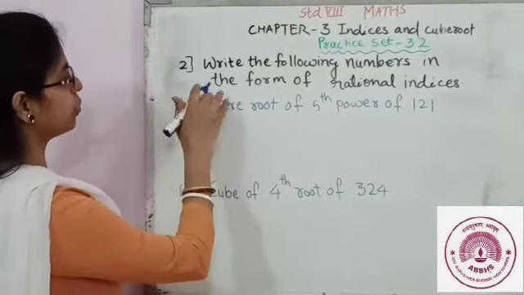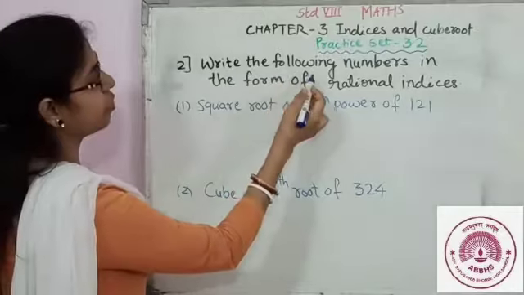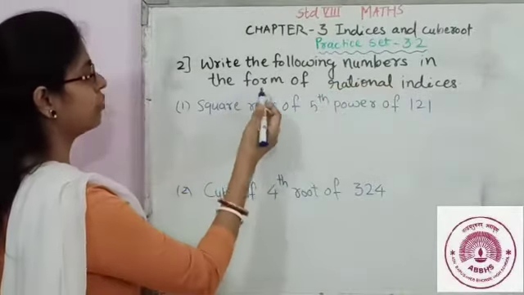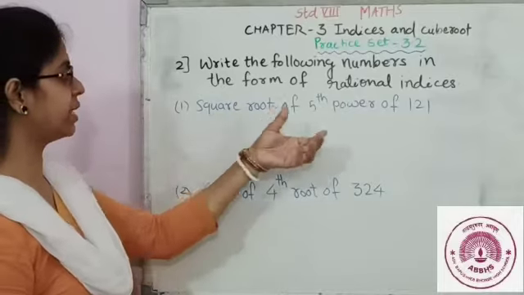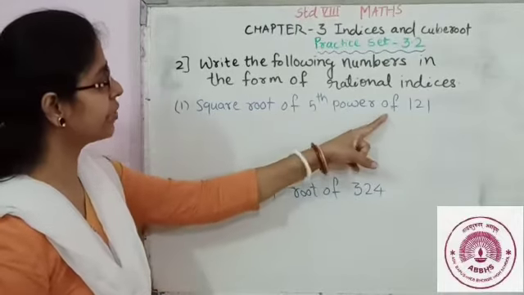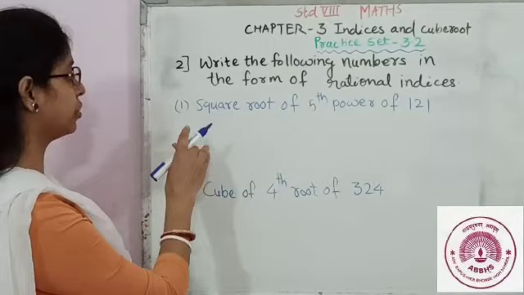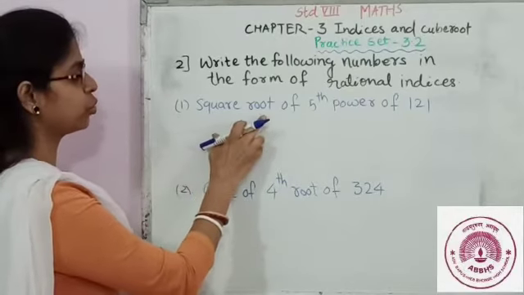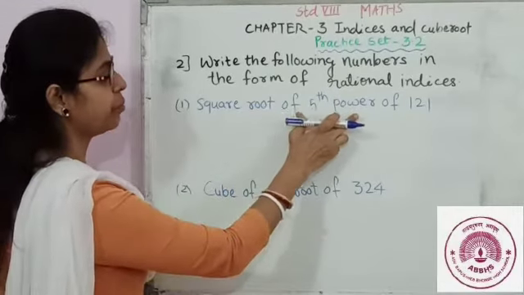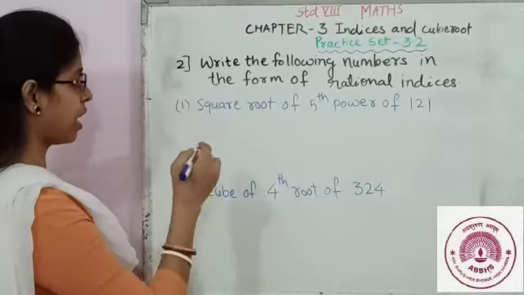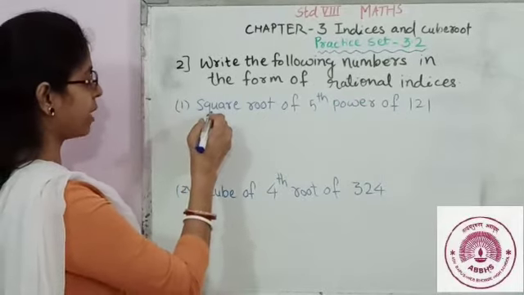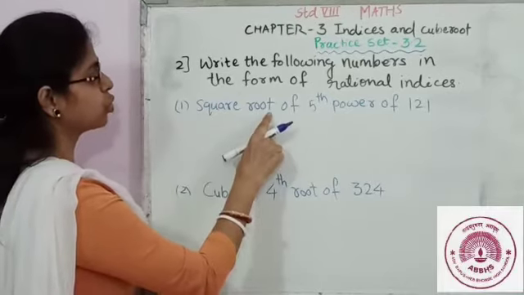Okay, so here the question is write the following numbers in the form of rational indices. So we have to write this in the form of rational indices. So here the first question is square root of 5th power of 121. So now understand, take one part at a time. Square root of.